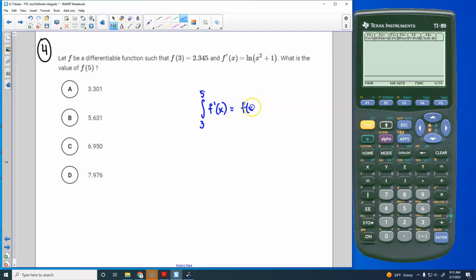I would get f of x, and then I would need to find that difference between 3 and 5. So my integral from 3 to 5 of f prime of x, I should put dx right here, is going to be f of 5 minus f of 3.